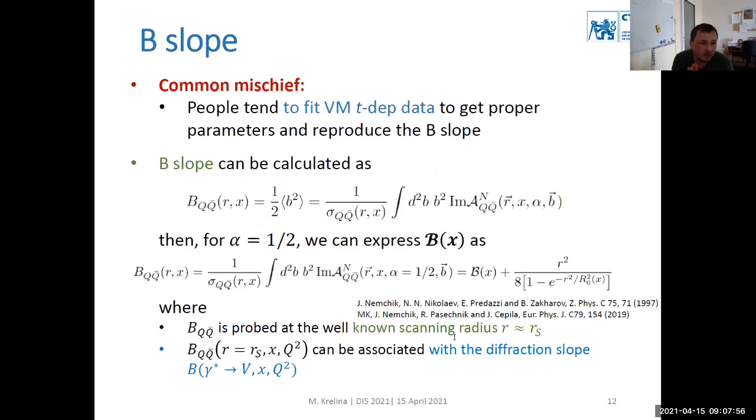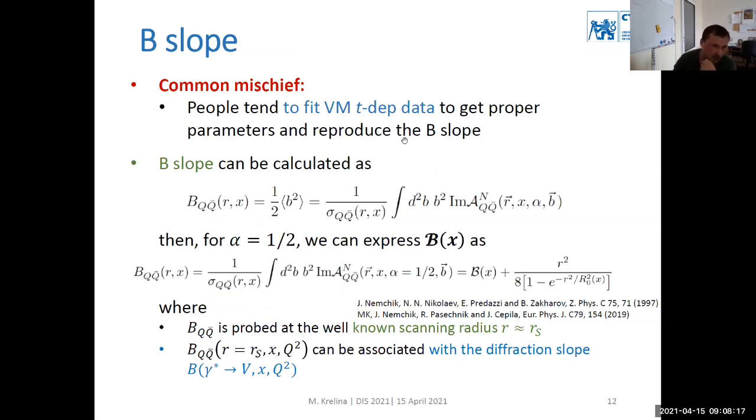Okay, now is the question of how to get the b slope. As I will demonstrate later, it's not a very good idea to fit it from the t-dependent data of quarkonium production, because it will fix your slope, but I will show you that later.